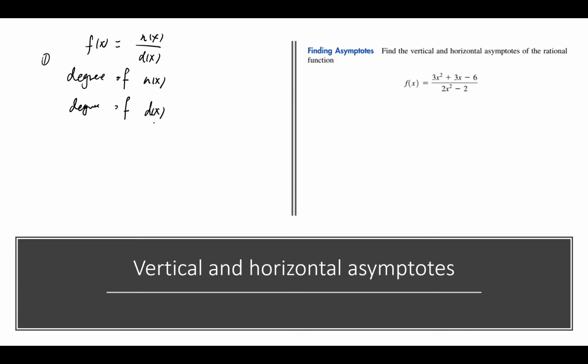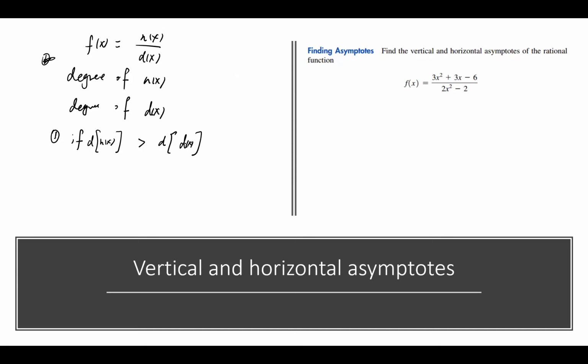So in the first case, say the degree of n(x) is bigger than the degree of d(x). It's a slight abuse of notation.